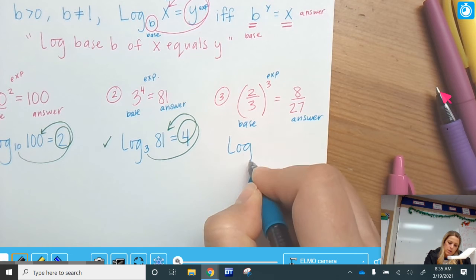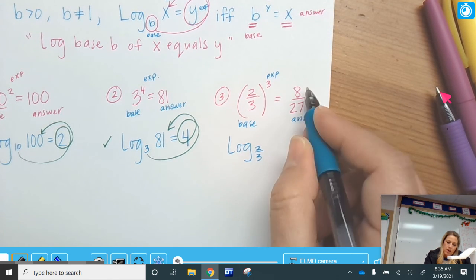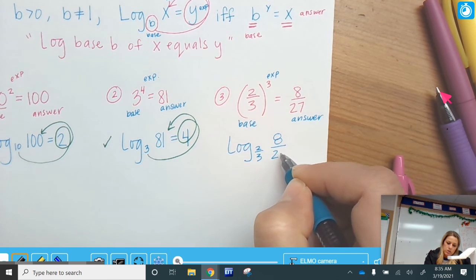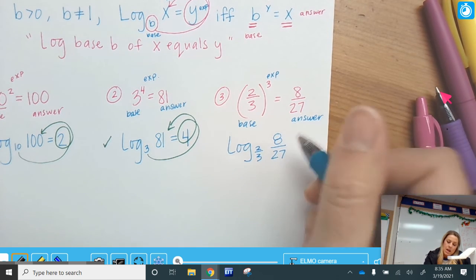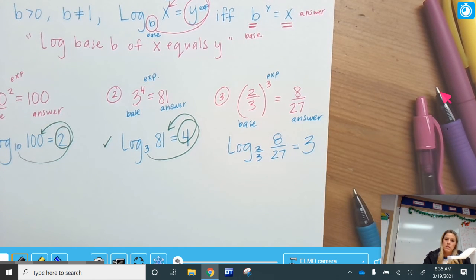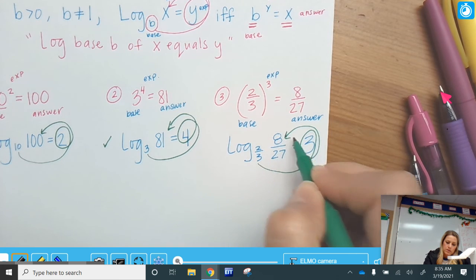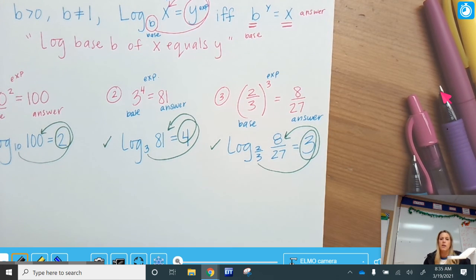Remember, our answer comes over here by the log. So log base 2/3 of 8 over 27 equals our exponent, 3. I take base, exponent, answer, check, I got it right.